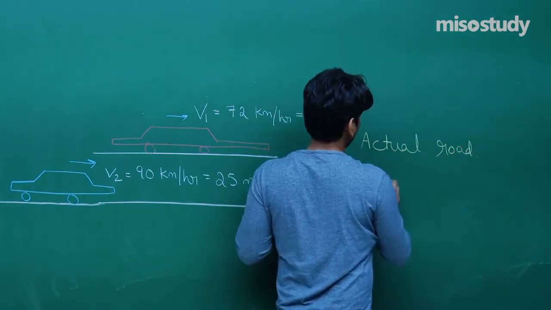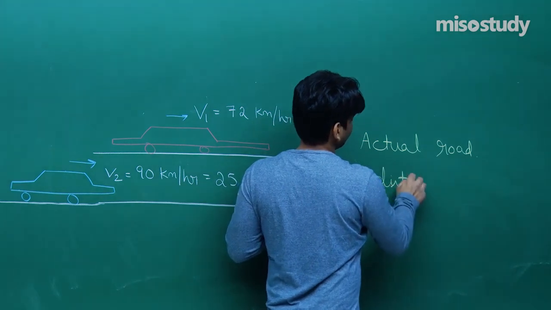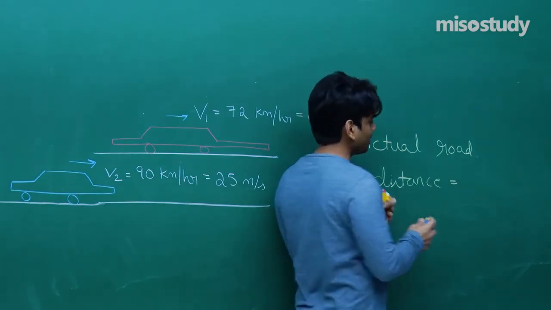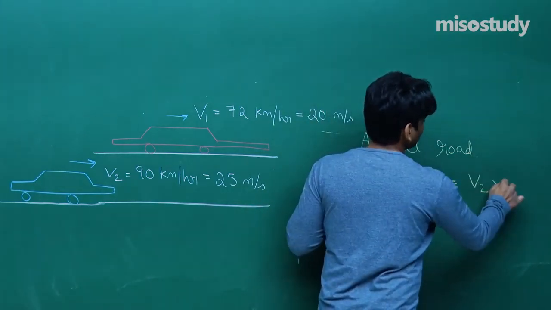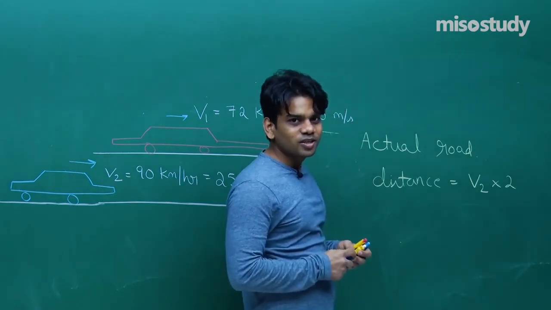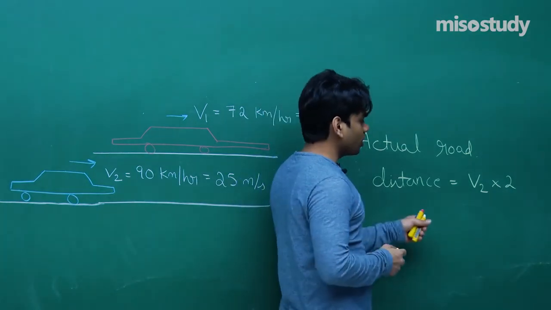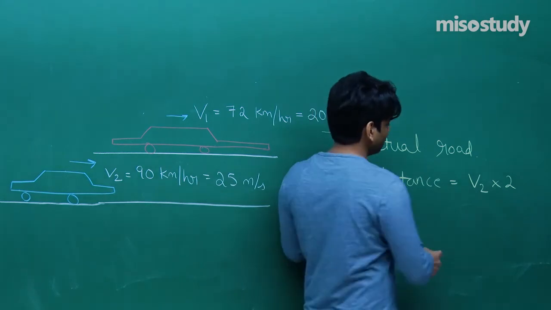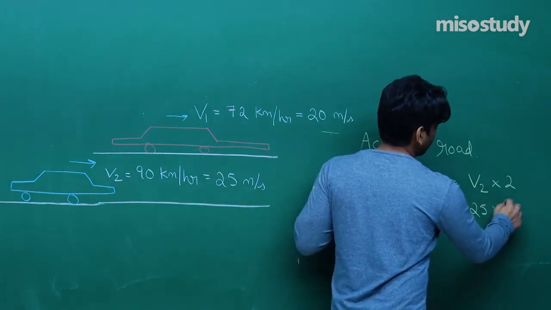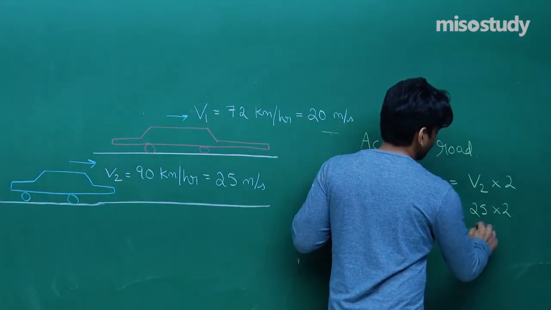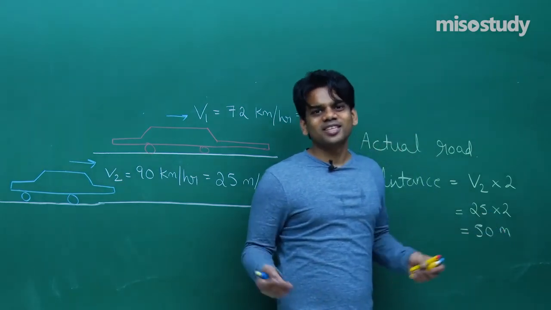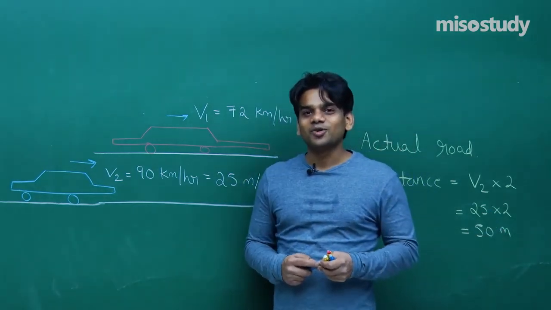Actual road distance will be speed of the second car, v2 multiplied by 2 seconds. 2 seconds it has actually crossed it. So we got it because just now we evaluated, time taken is 2 seconds. So v2, that is 25 into 2, that is 50 meter. 10 meter was the relative distance, 50 meter is the actual road distance traveled by the second car to overtake.